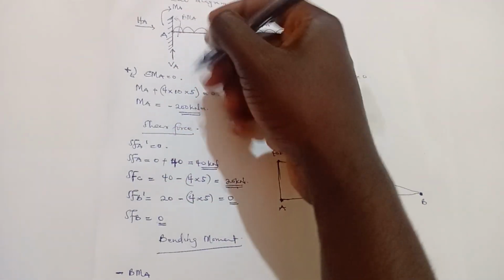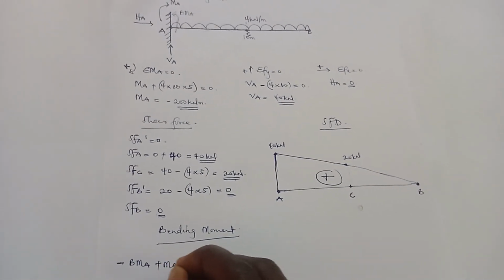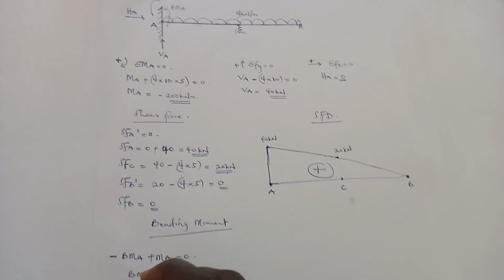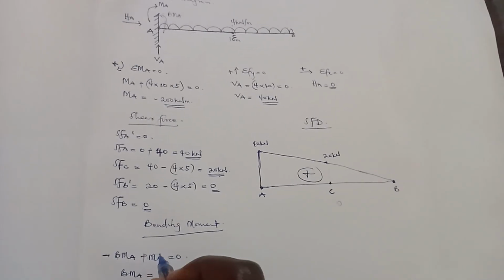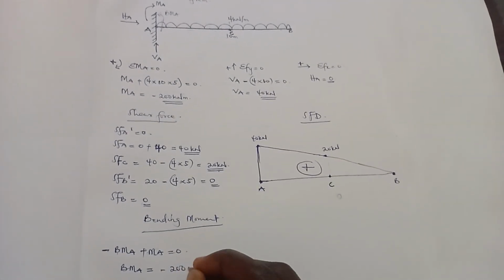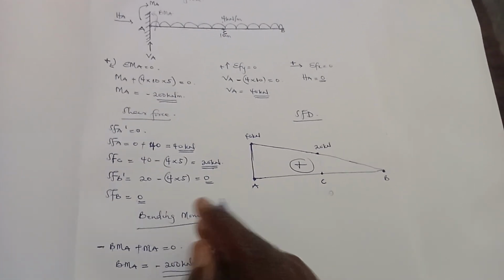Then there's MA moving in the clockwise direction, so it's going to be plus MA. Everything here is equal to 0. So when we make BMA the subject, BMA will be equal to MA. And we found MA to be negative 200, so it's negative 200 kilonewton meter. That's the bending moment at A.